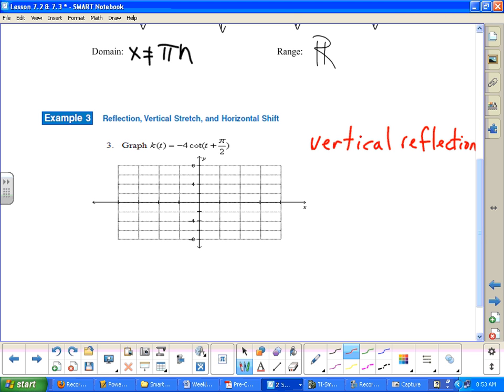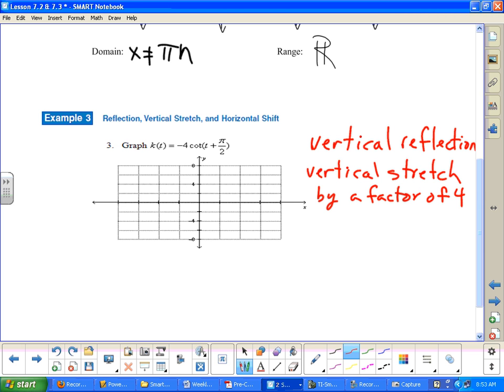What's the 4 do then? Then we have a vertical stretch by a factor of 4. That means all of our y values are going to be multiplied by -4. Well then what does the t plus pi over 2 do to it?